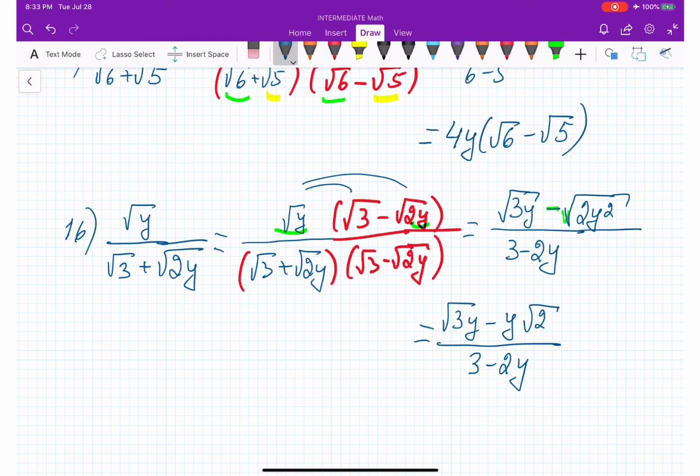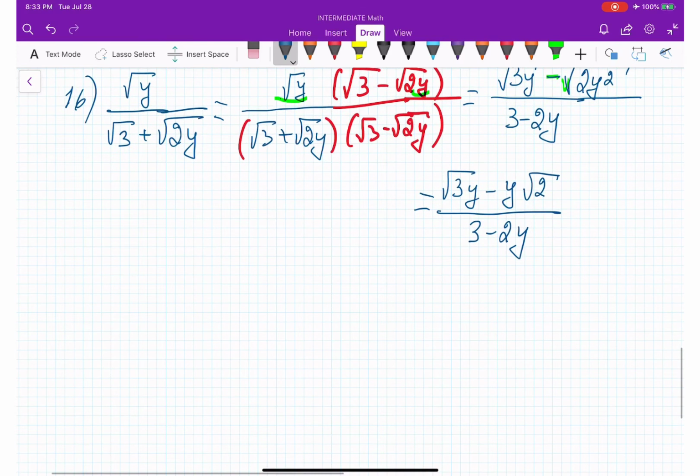Okay, and I'll solve one more, and I'm done. So square root 13 plus square root 3 divided by square root 13 minus square root of 3.